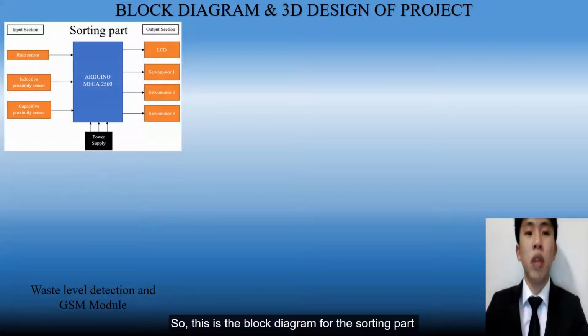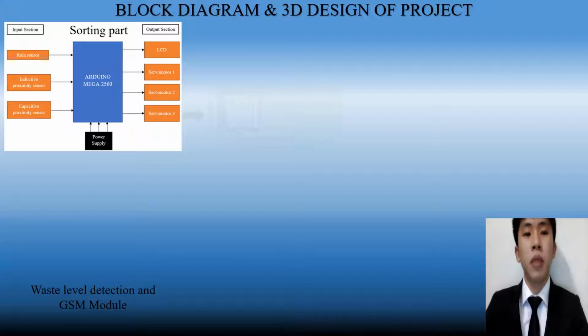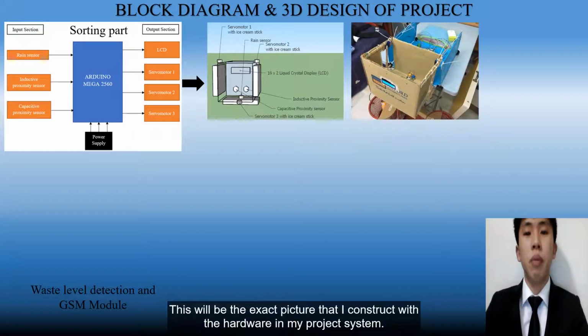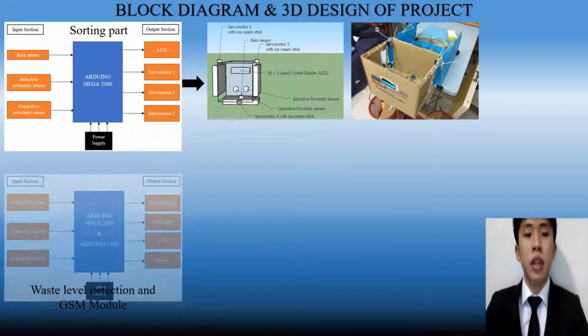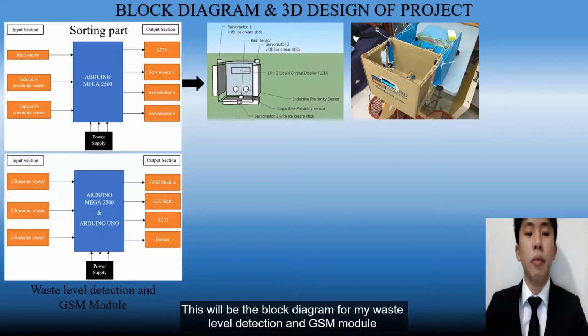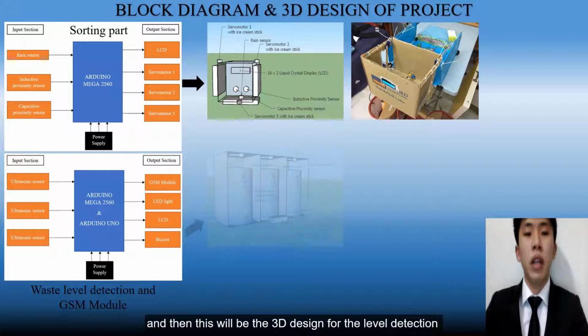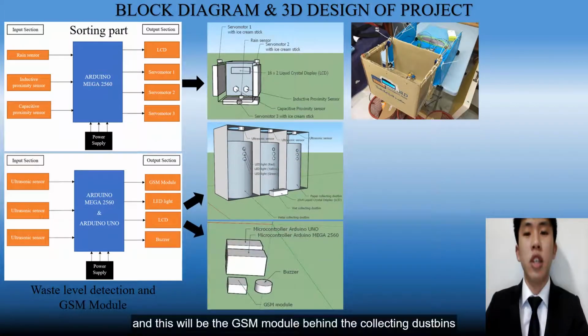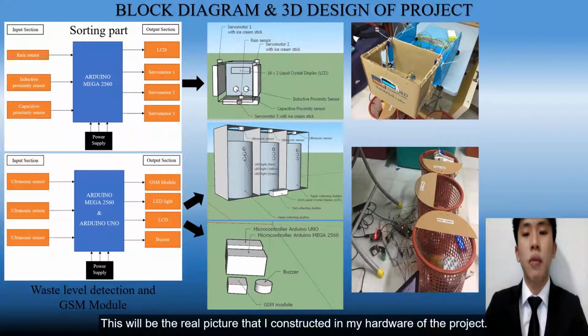This is the block diagram for the sorting part, and I have a 3D diagram for the sorting part, and this will be the exact picture of what I constructed with the hardware in my project system. Then this is the block diagram for my waste level detection, and this is the 3D design for the level detection, and this is the GSM module behind the collecting dustbin, and these are the real pictures of what I constructed in the hardware of the project.